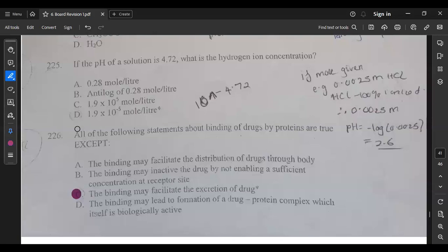Yeah, Tracy. Okay. So Gaius has said he thinks excretion is the best answer because when drugs bind to proteins, they can't be filtered. But B also seems right.